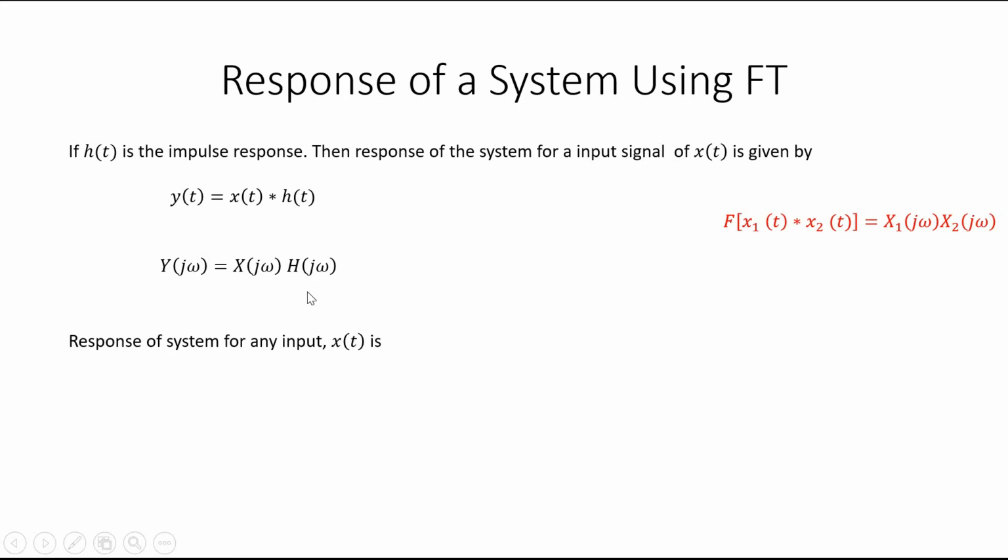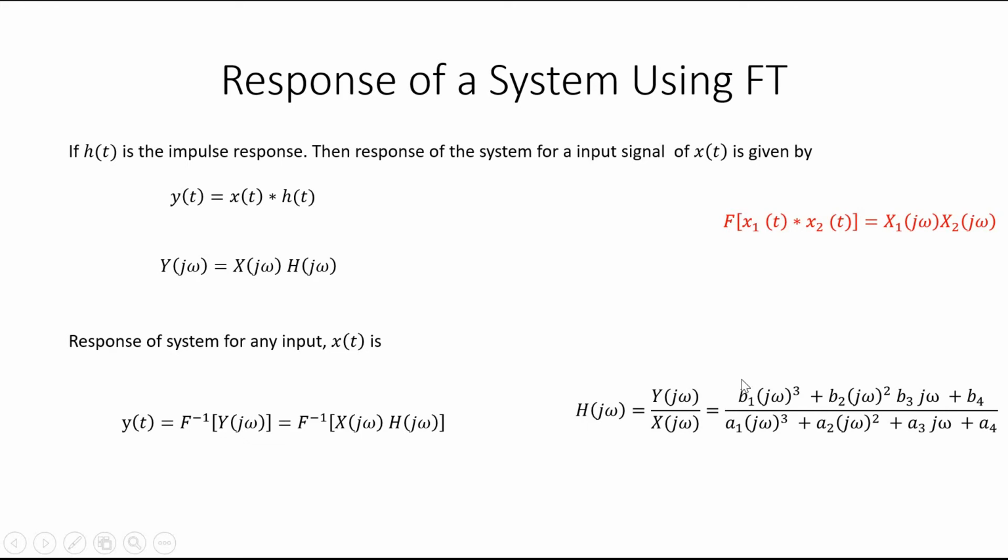So the response of a system for any input x of t, where x of t is the input and y of t is the response output. y of t can be found by taking the inverse Fourier transform of Y of j omega, which equals the inverse Fourier transform of X of j omega into H of j omega, meaning the Fourier transform of the input signal into H of j omega.